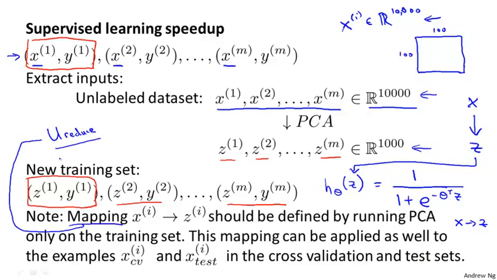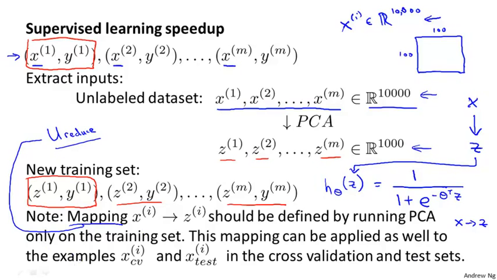All of these things, like U reduce, are parameters that are learned by PCA, and we should be fitting our parameters only to our training set and not to our cross-validation or test sets.